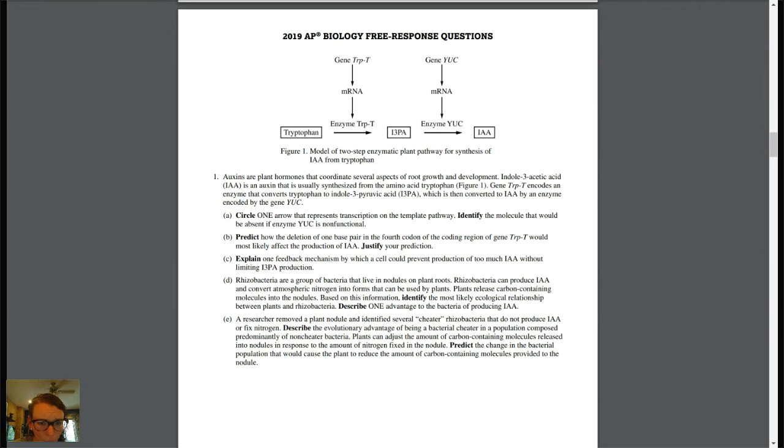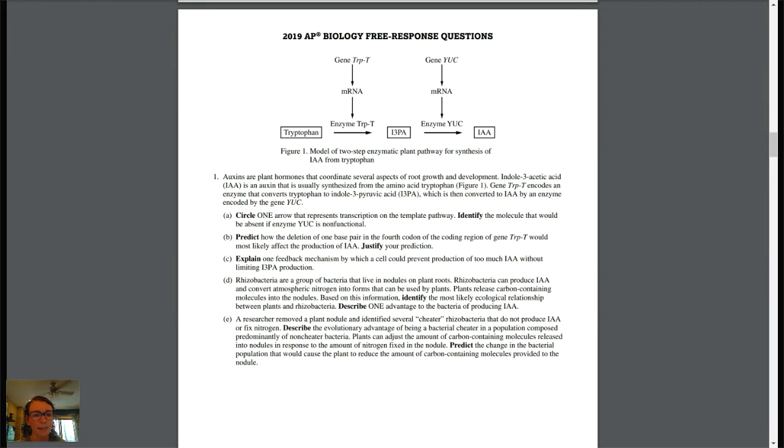And then how the deletion would most likely affect the production of IAA: you needed to say that IAA production would be inhibited, because if we don't have the enzyme TRPT, then we can't make I3PA, which means that we can't make IAA. So we would not be capable of making the precursor to IAA, which is I3PA, if we have a mutation in gene TRPT. Okay, so there's your prediction point and your justification point there.